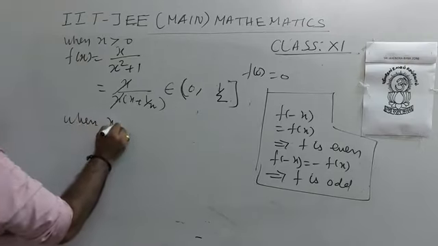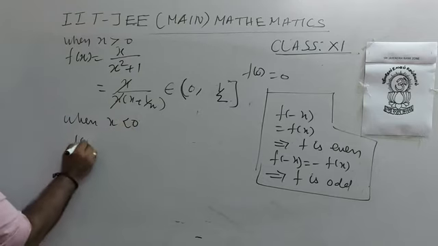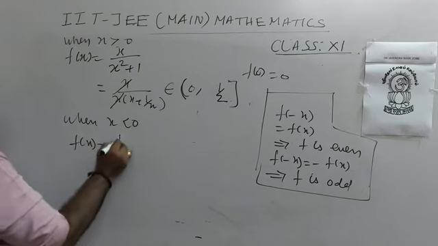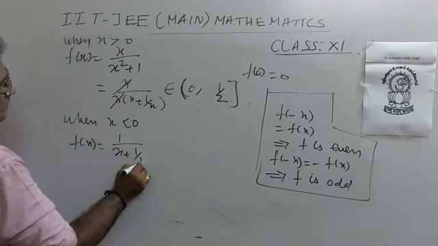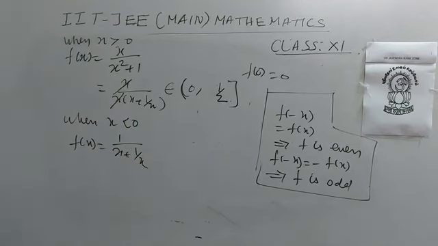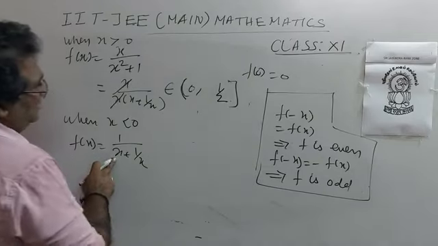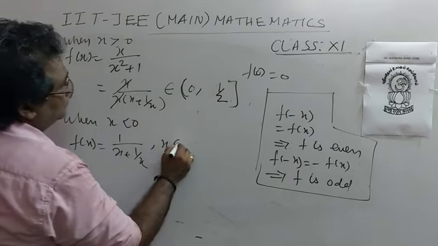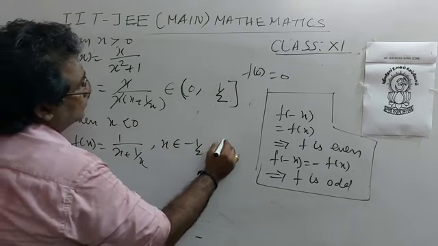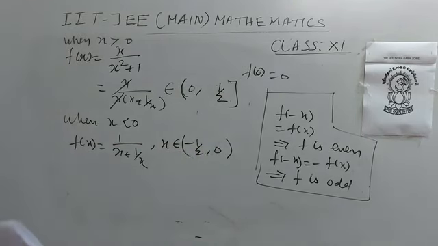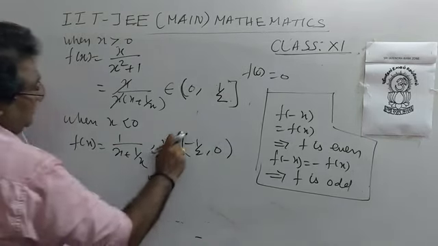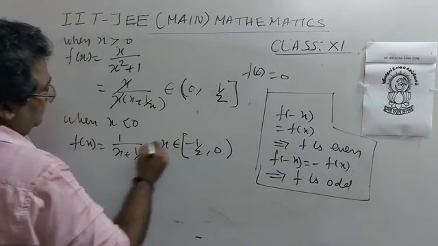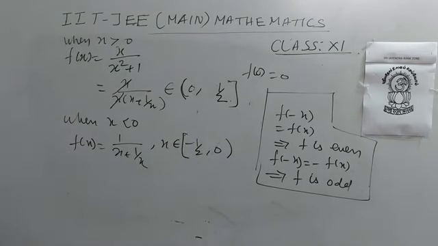When x is less than 0, f of x is the same concept, 1 by x plus 1 by x. When x takes minus 1, here also minus 1 by 2. So it will attain minus 1 by 2, included. 0 will not happen.